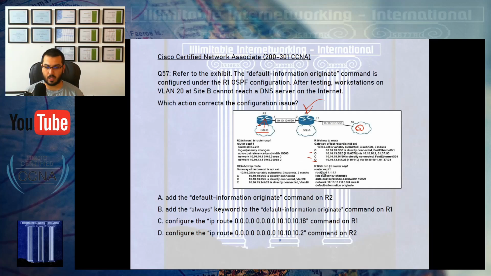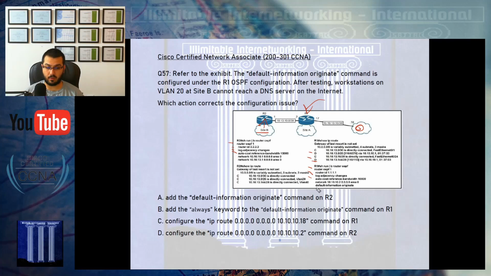There is another command, show run router ospf, for each. Let's compare these two. Router OSPF 1 matches between both of them. Router ID, each one is unique. Log adjacency changes does not really affect anything. Auto cost reference bandwidth 10000 is the same, so this will not affect it.